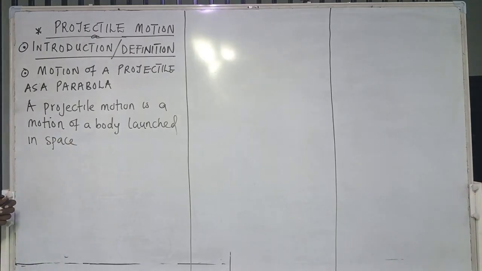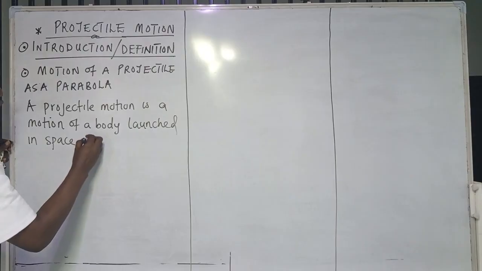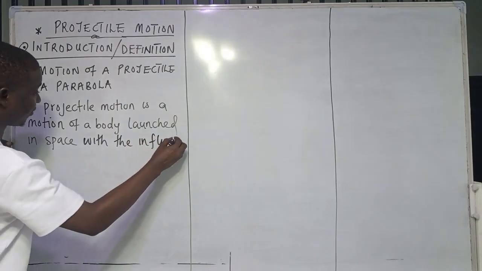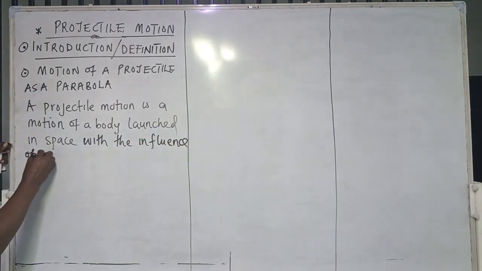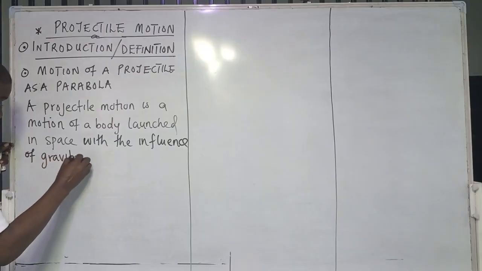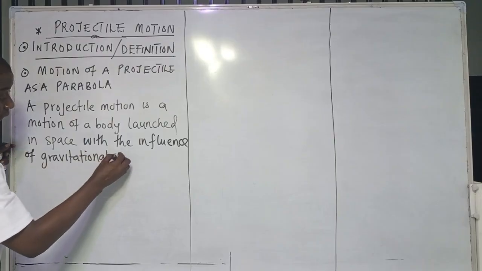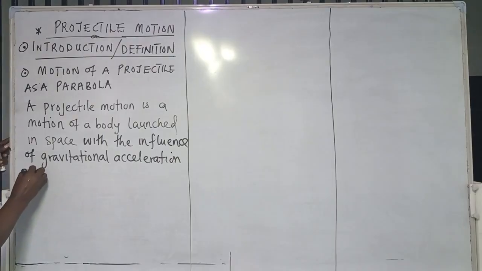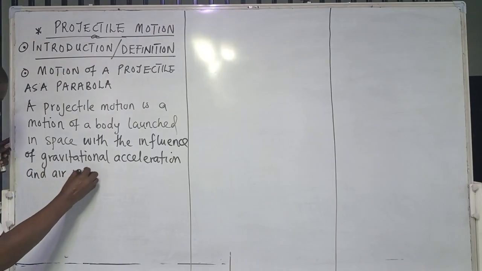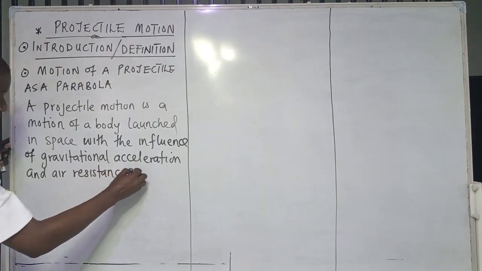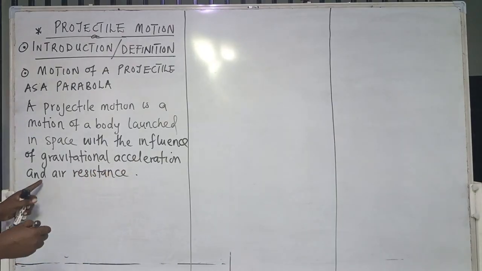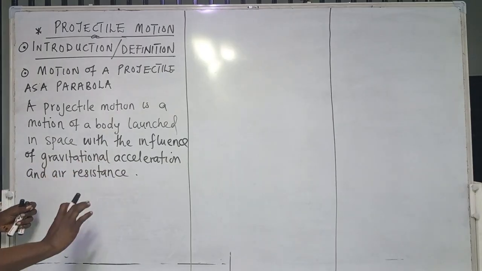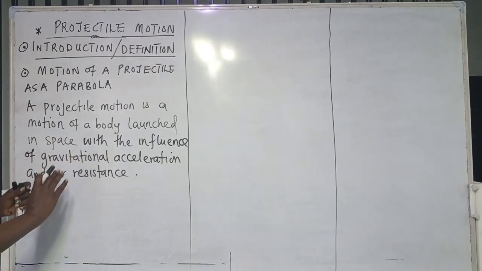Now, when you launch it into space, it is under the influence of gravitational acceleration and air resistance. Although we can say there is negligible air resistance, because we are not going to be considering air resistance in this particular chapter.